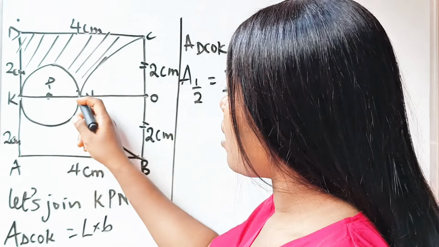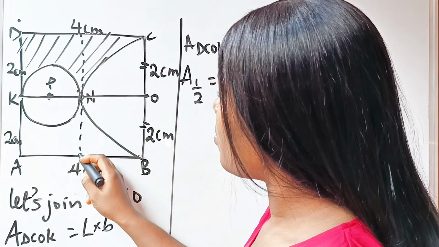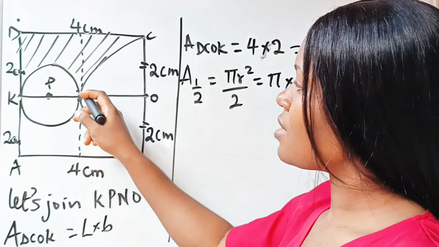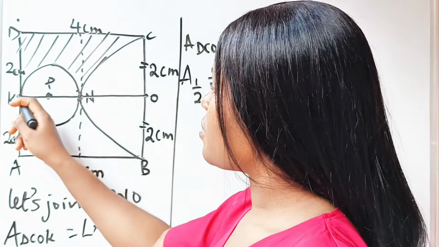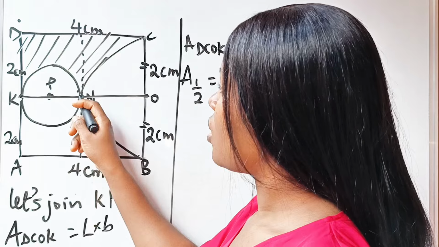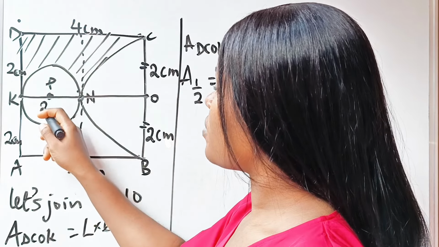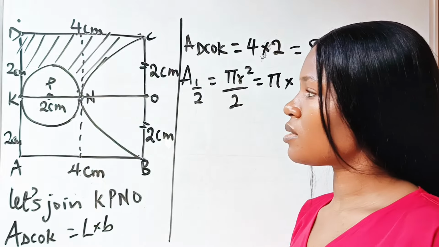Now this center happens to be the middle of this particular rectangle. Okay, they met at the center of this rectangle. All right, so it means that from here to here will be half of this length, which is 2. So the diameter of the smaller circle is 2 centimeters.